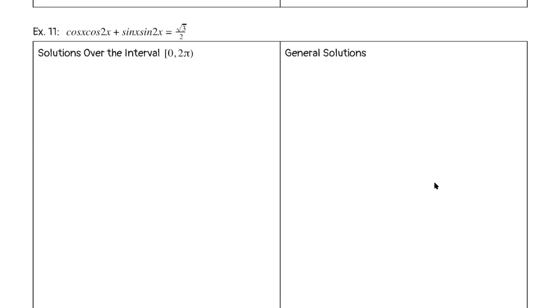Which identities might be useful in example 11? Don't just say a random answer. Think about what this looks the most like, okay? What does it look the most like? And that is a mistake you do not want to make on the exam. It is not that.